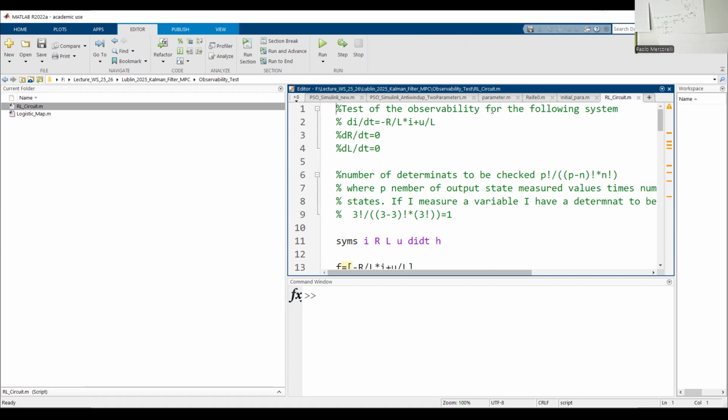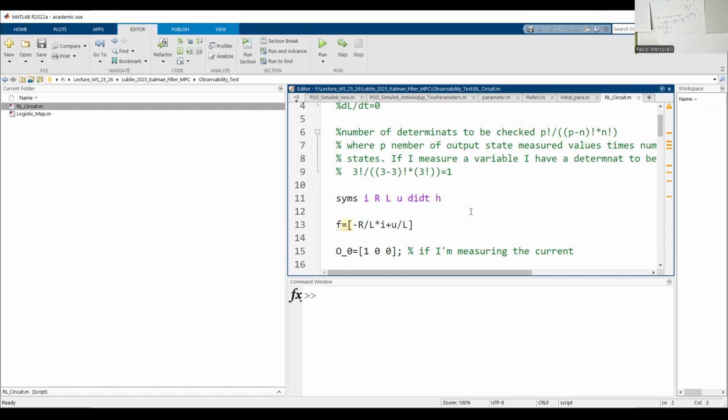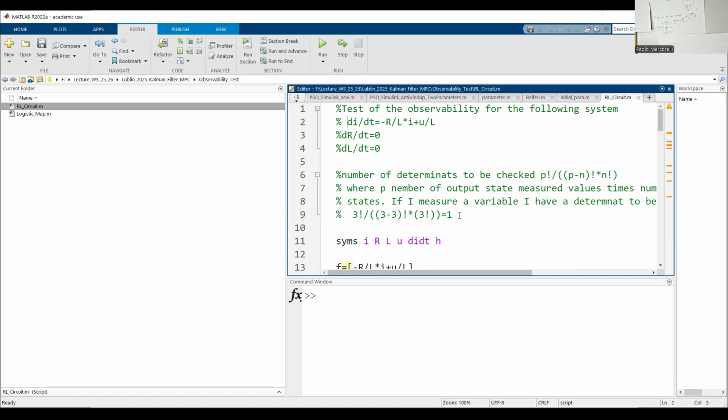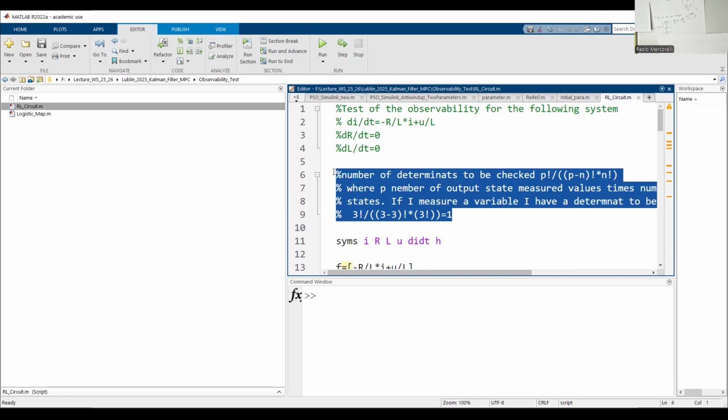Test of the observability for the following system, exactly what I told you now. You remember here, after the symbol here, we have a comment. No? I forgot to say, and I would like to say now, a very important concept.